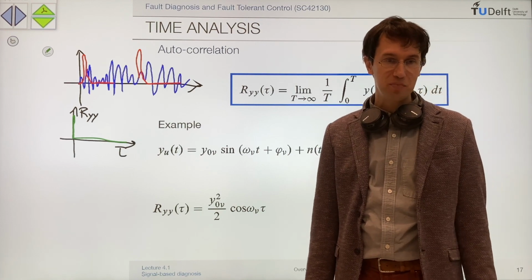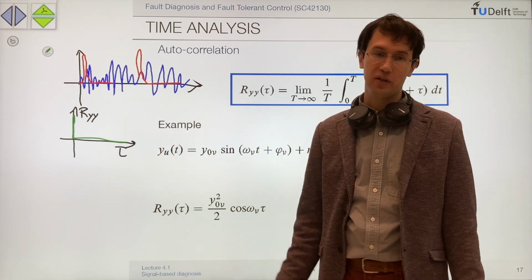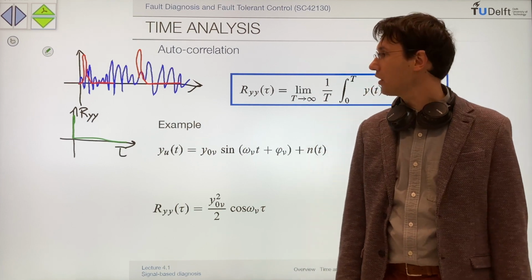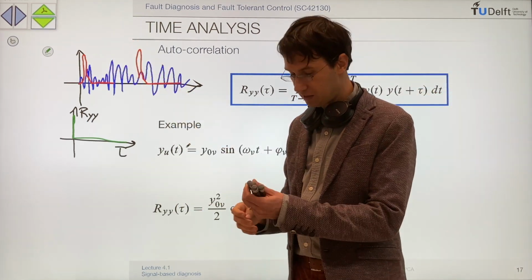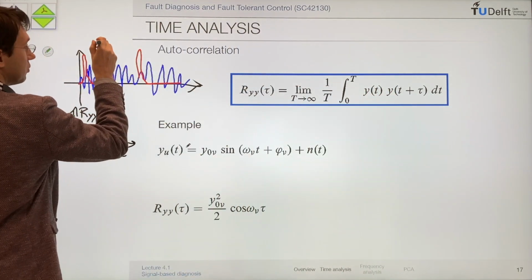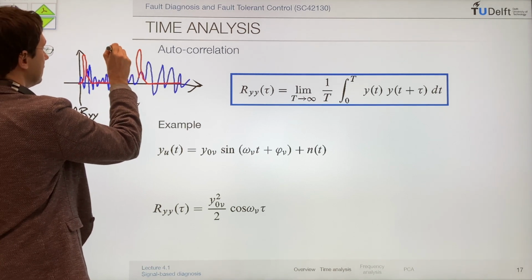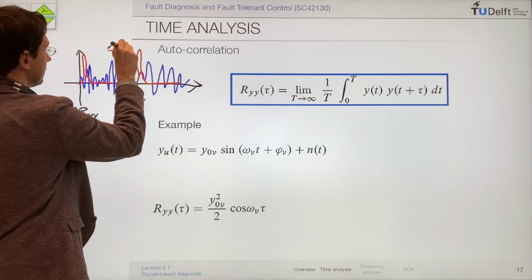How can you detect periodicity in a signal? Well, indeed, the autocorrelation is the way of doing that. So if you have a distance between these two peaks in time that is equal to, let's denote it by tau star.